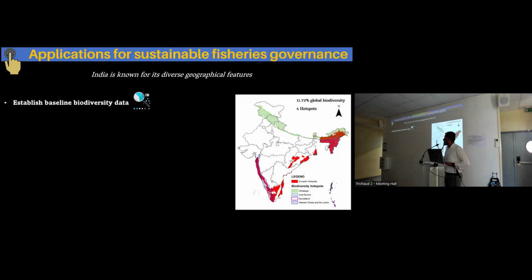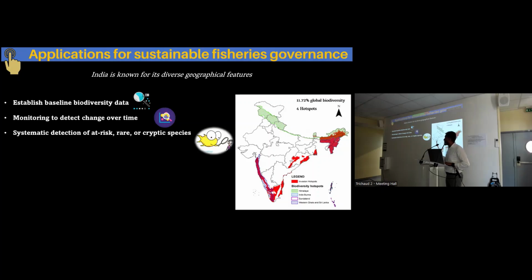Using eDNA, there are many promises that we can manage. First, eDNA can establish a baseline survey for a specific region, so we can get the total biodiversity. Regular eDNA monitoring can also detect changes in species abundance and composition over time, and it's a continued process.